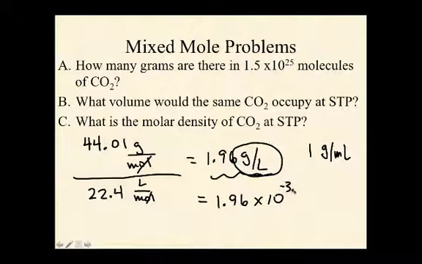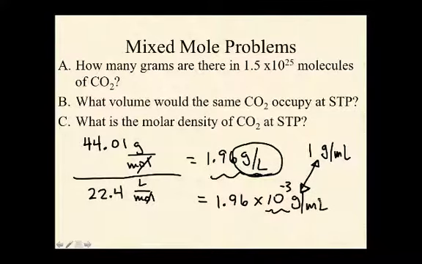Times 10 to the minus 3 grams per milliliter, because milli is 10 to the minus 3. So now compare. You can't compare when their units are different, but now that the units are the same, 1.96 times 10 to the minus 3 is certainly less than 1. And that makes sense, right? Because a gas should have a density less than the density of water so that gas would bubble up to the top, right, and float on top.